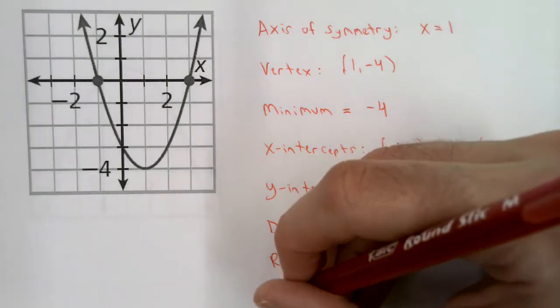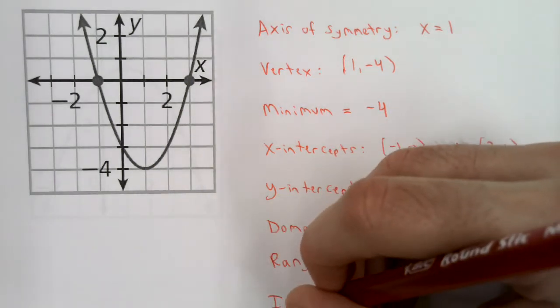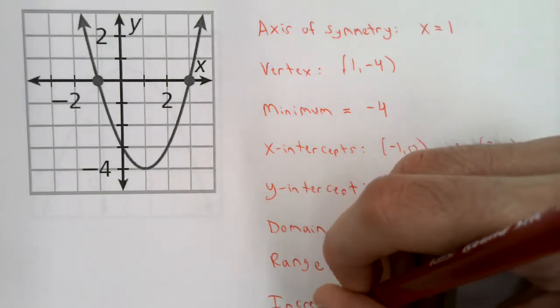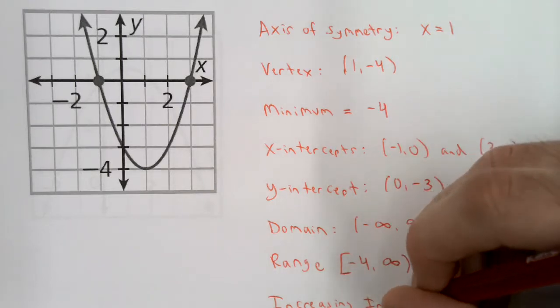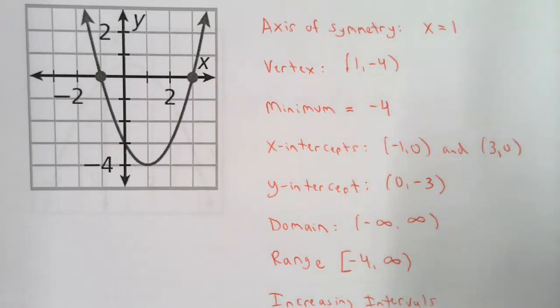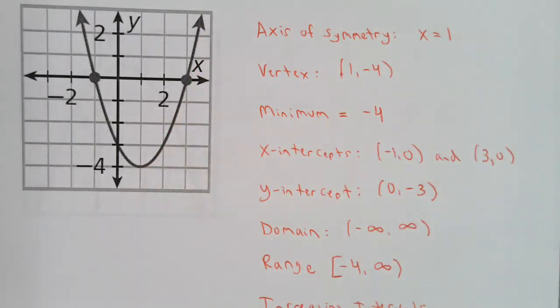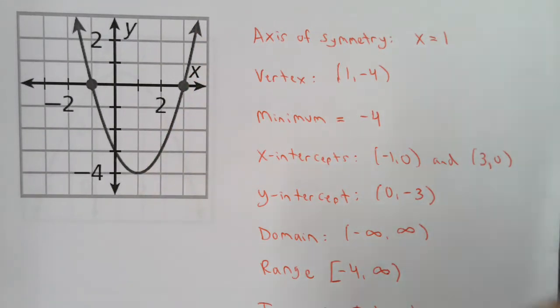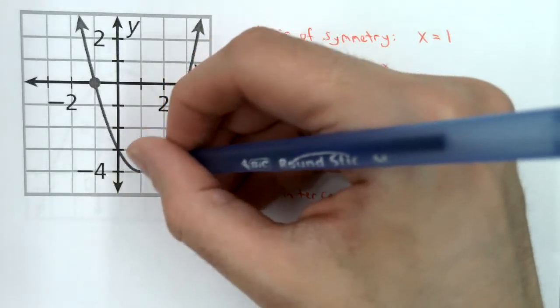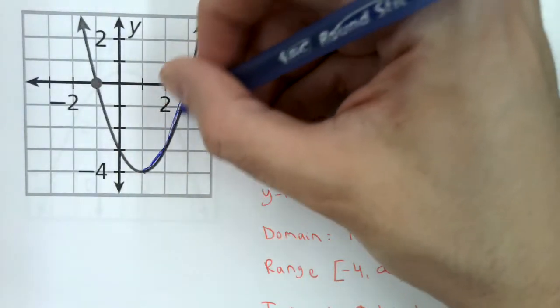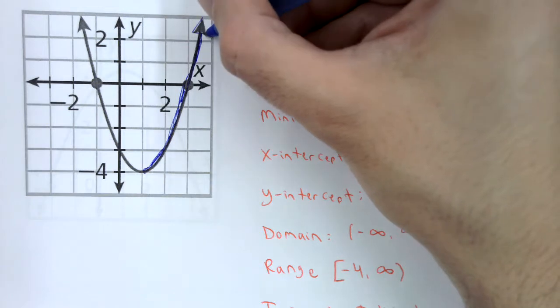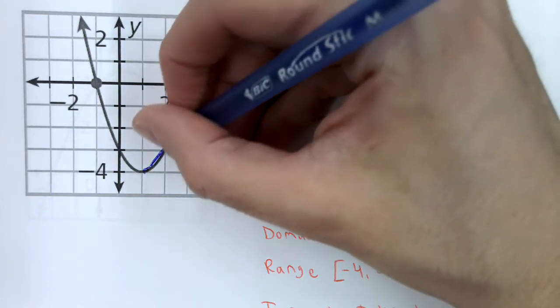Next up, we got the increasing intervals. Remember, we use the x values, and we always use parentheses. So it's increasing. Let me try to do it in color. This is where the graph is increasing in blue. Okay, so the graph is increasing in that blue region.